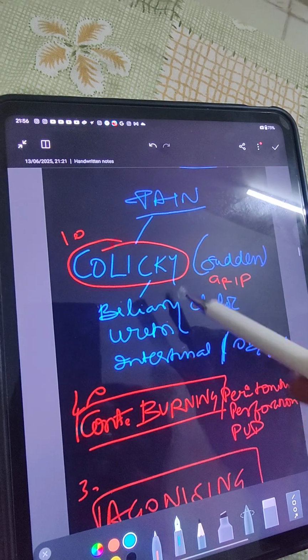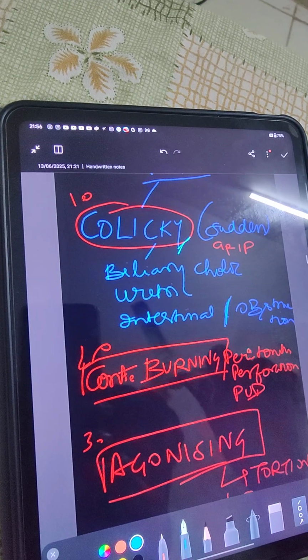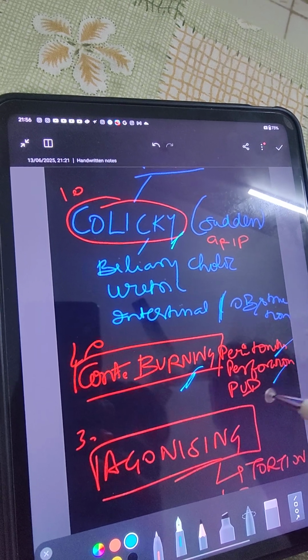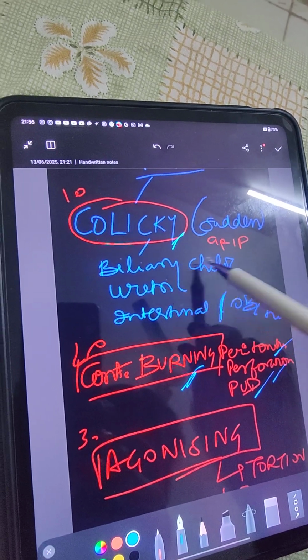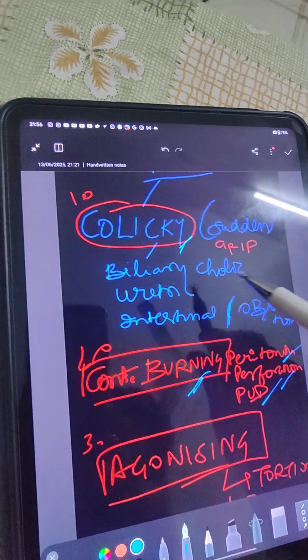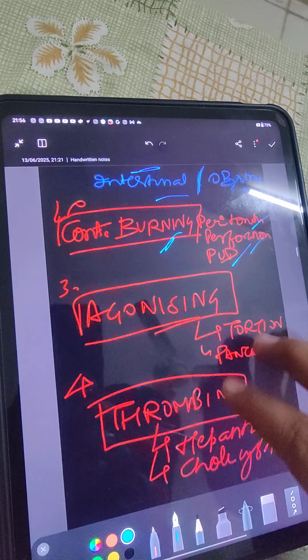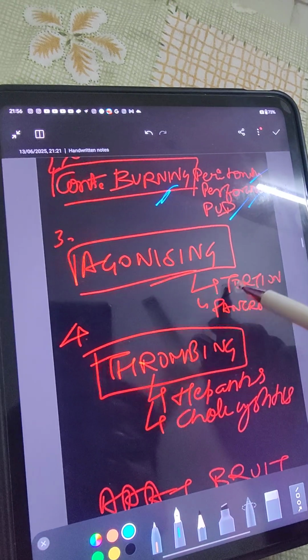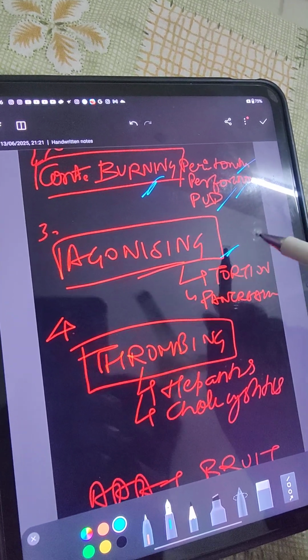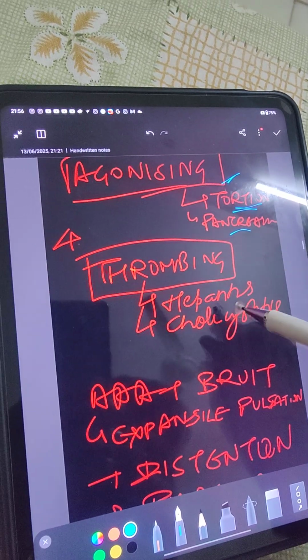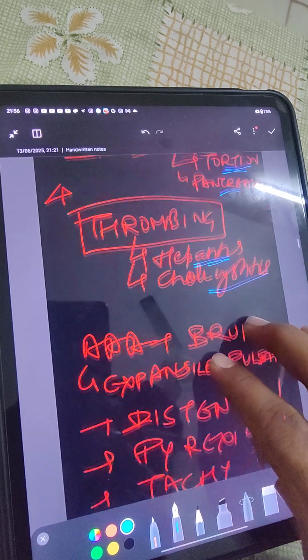Pain can be divided into continuous burning pain in peritonitis, perforation, PUD, and colic pain, which is gripping type pain, found in biliary colic, ureteric colic, or intestinal colic. Agonizing is already told: intolerable pain in torsion or pancreatitis. Throbbing pain in hepatitis and cholecystitis.